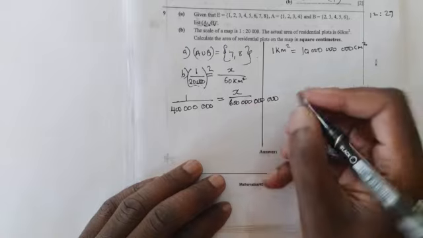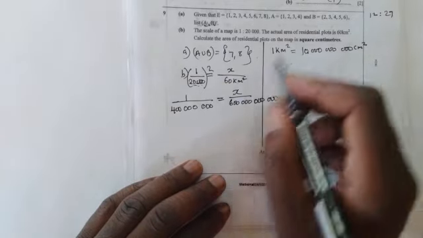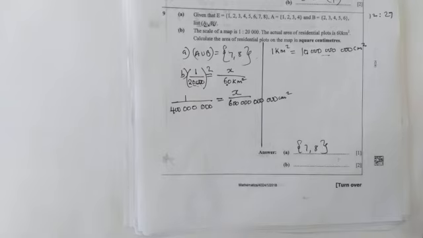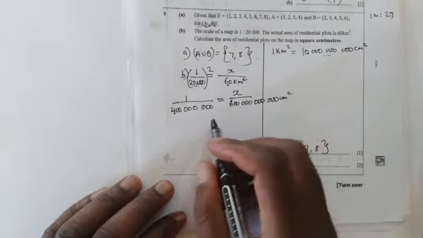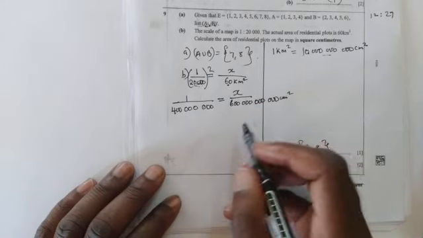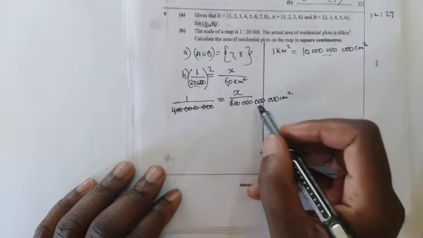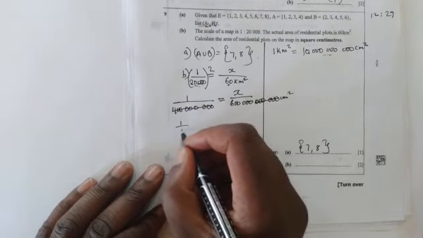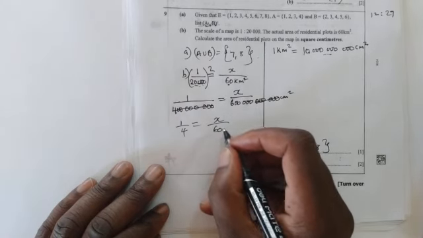Now this is in centimeter squared. We have converted this one. So you multiply this one by 10 billion so that you convert it into centimeter squared. So at this point, even before we cross multiply, we can reduce the zeros. Here we have 8 zeros, so we can cancel all the zeros. Even here we can remove 8 zeros. So we're going to have 1 over 4 is equals to x over, what are we remaining with here? 60,000.